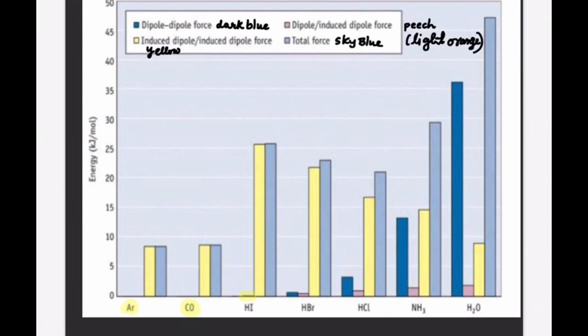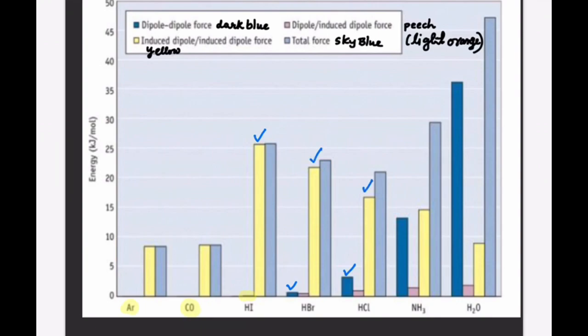Same way we can discuss HBr and HCl. As we are moving here, the electronegativity difference between H and Cl is more than between H and Br. So that's why dipole-dipole interaction in the case of HCl is greater than that of HBr. But HI has the biggest molar mass among HBr, HCl and HI. That's why induced dipole interactive forces are highest in HI, then in HBr and then in HCl.